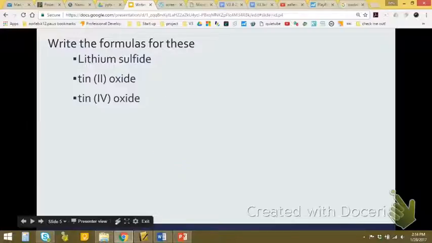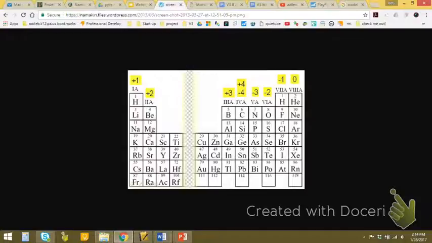Okay. Moving on to magnesium fluoride. Magnesium and fluorine are both in our oxidation number chart. Magnesium is in group 2, so it's a +2. Fluorine is in group 7, so it is a -1.